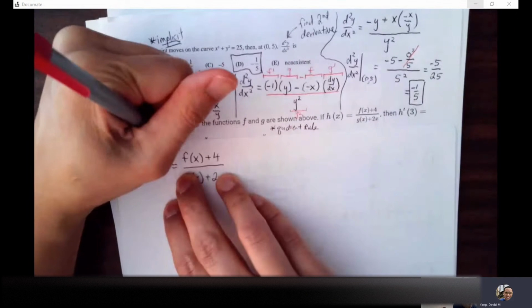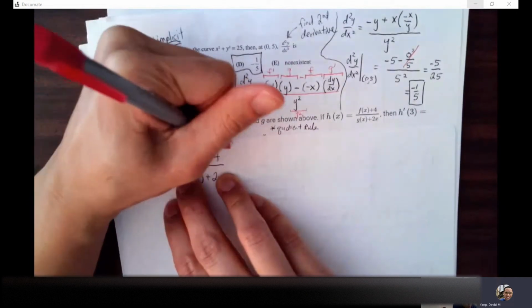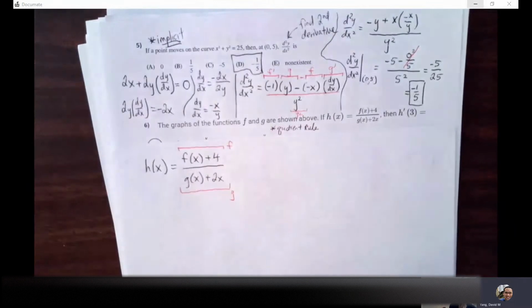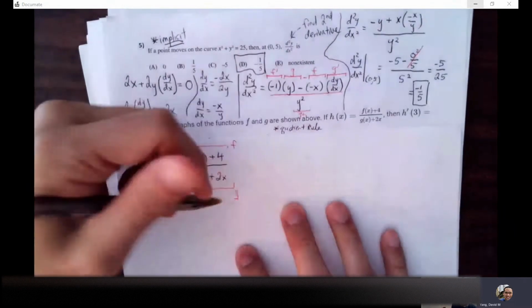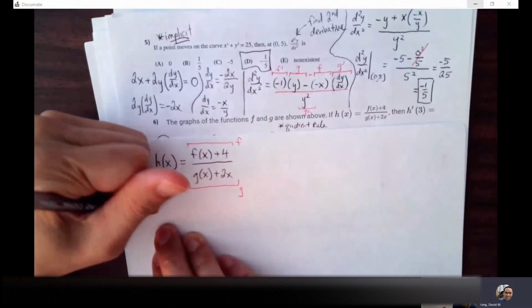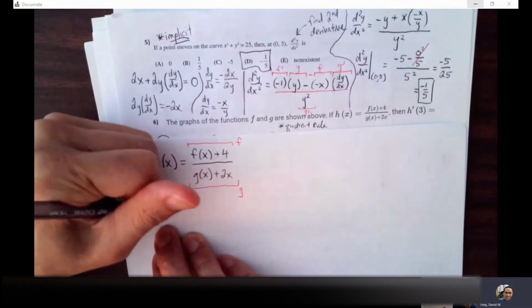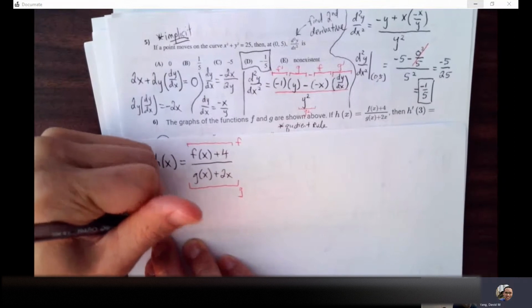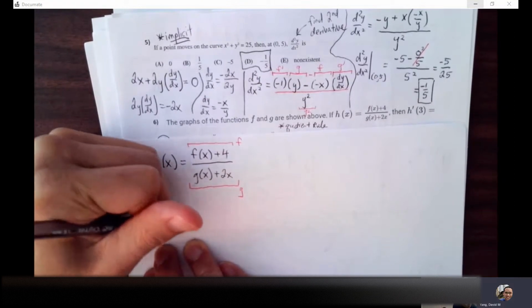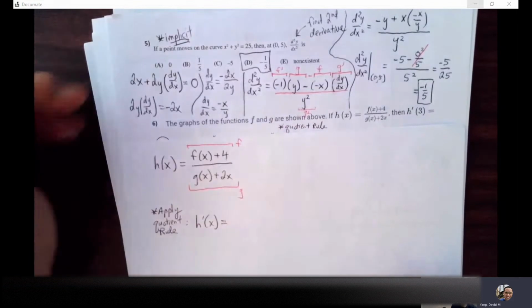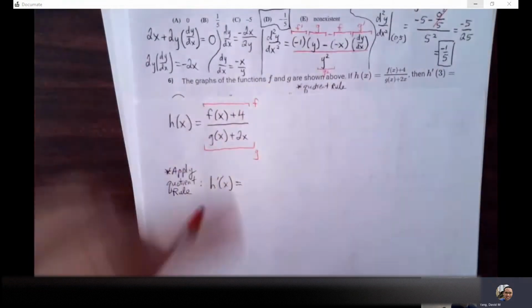I'll treat this entire numerator as my f, and I'll treat the denominator there as my g. So, quotient rule. All right, let me spell out each of the parts.